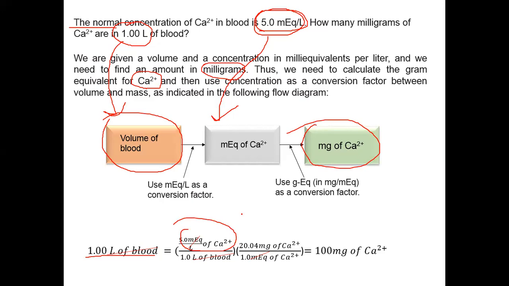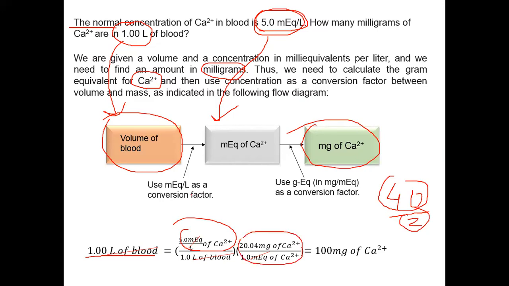And also what we need to know is the milliequivalent, so 1 gram equivalent basically of calcium ions. And how to find this is 40 divided by 2, right? As you said, this is molar mass, this is charge. So the number is going to be here.